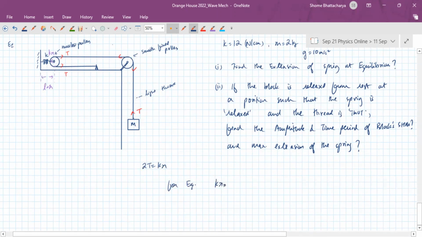let's say so extension of the spring at equilibrium is, so that is 40 newtons divided by 12.